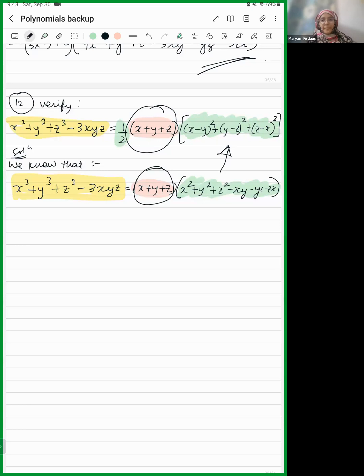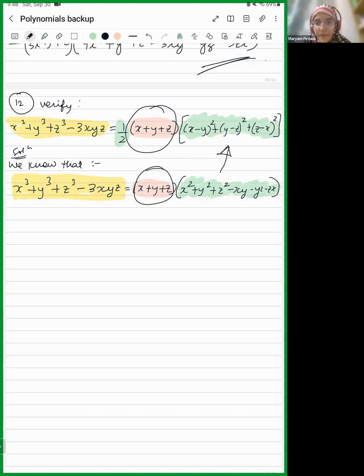Think. Just think about it. There's an x minus y whole square thing over there.